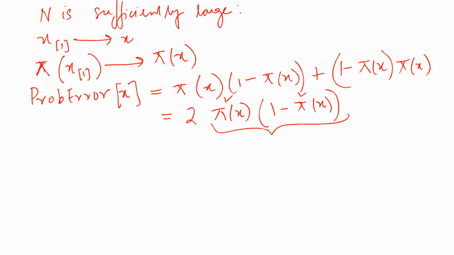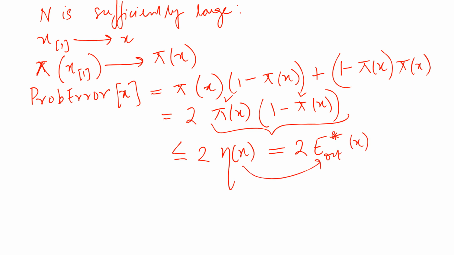If one of the terms is eta x, this is how we were denoting it, then the other is less than or equal to 1. Or we can write it as this is less than or equal to 2 times eta x, because that's what we use to denote it. And this is nothing but 2 times e out star of x, this was denoted by this. That's all I'm doing here.